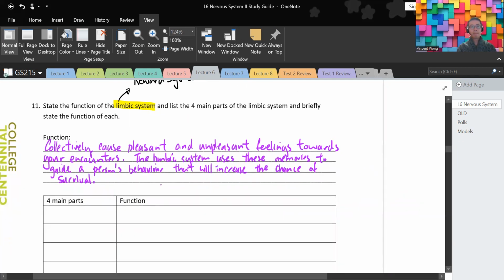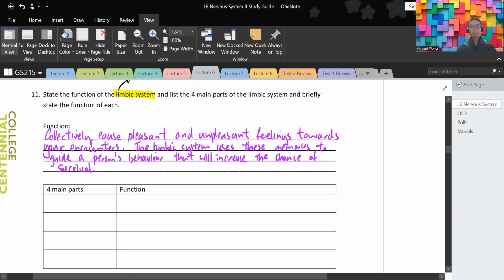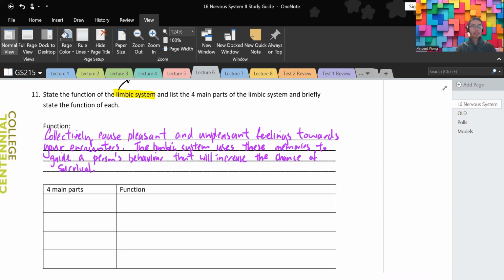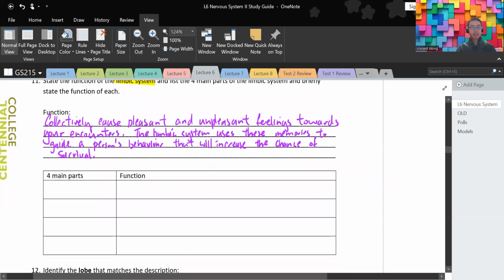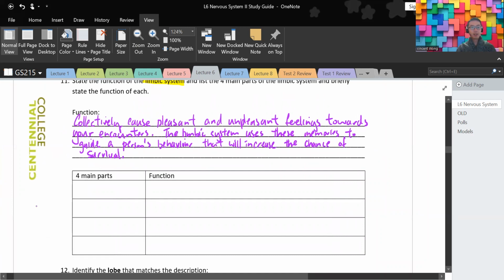All right. There are 4 parts in the limbic system, and you can remember it by thinking about this picture. I don't know if you know what I'm drawing, but this is a hippo, and the hippo is wearing a hat.